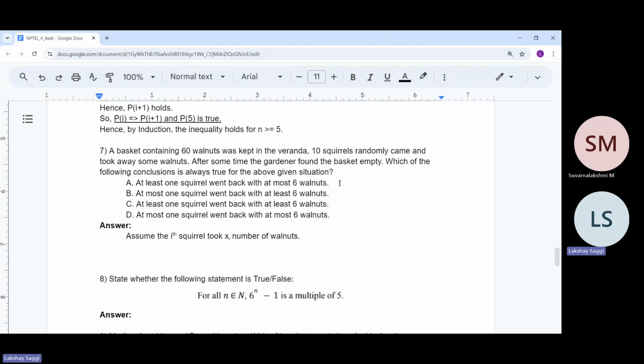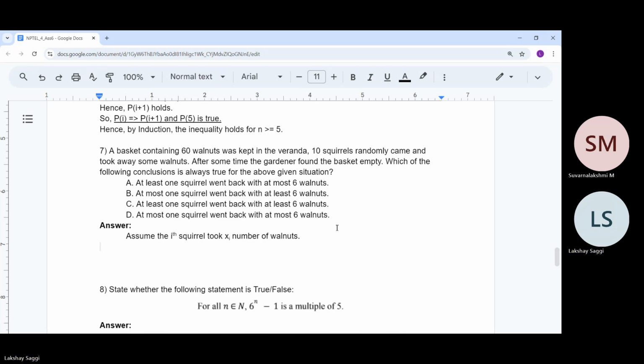We know that the basket was finally empty, so the number of walnuts that the squirrels took together was 60. So x1 plus x2 till x10 is equal to 60.